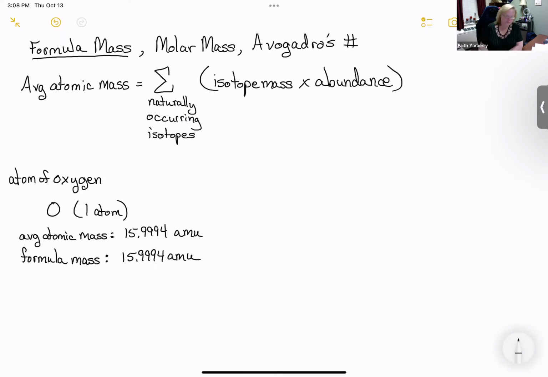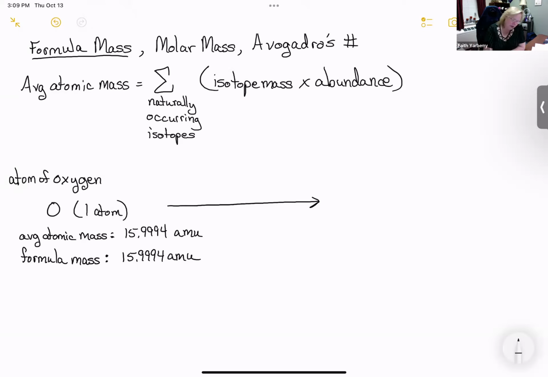So an individual was doing some research. That individual's name is Lorenzo Romano Amadeo Carlo Avogadro di Quaregna e di Cerreto, and I hope I didn't butcher it too bad, better known as simply Avogadro.